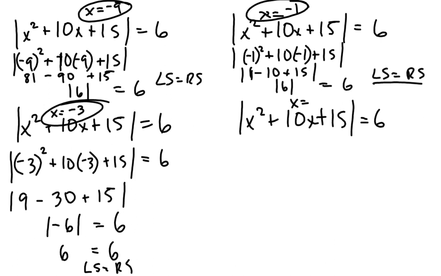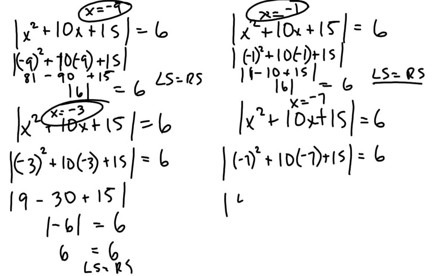And the last verification is x equals negative 7. Negative 7 squared plus 10 times negative 7 plus 15. 49 minus 70 plus 15. Add that stuff up. What do we get? 64 minus 70 is a negative 6.